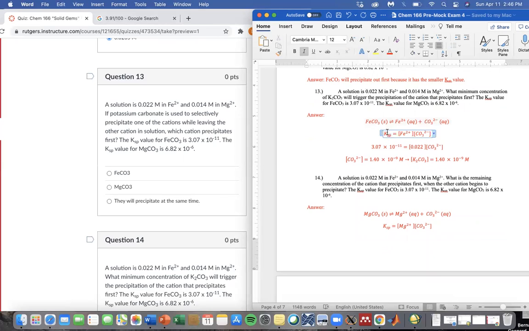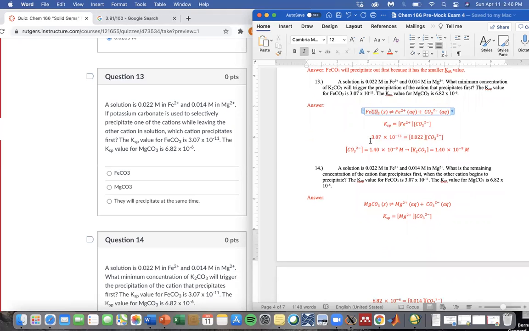In this case, our KSP is just Fe2+ times CO3 2-, because it's a 1-to-1 ratio, so there are no stoichiometric coefficients. We've talked about before how the KSP value is the borderline between when there is and isn't precipitation. So when it's asking for the minimum concentration of K2CO3 that's going to trigger the precipitation, we can use our K value as the borderline between not having a precipitate and having a precipitate.